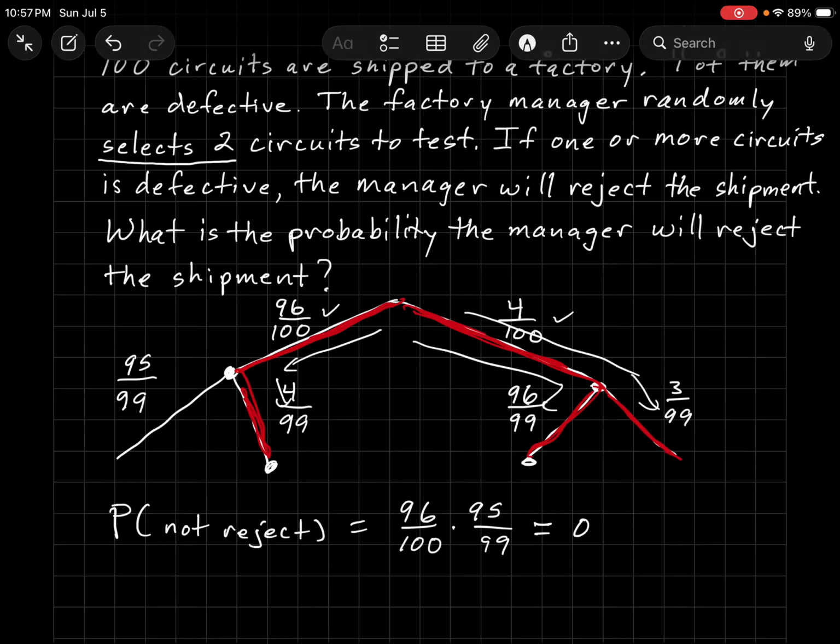And we get the probability of not rejecting is 0.921. So the probability of rejecting is the complement, or 1 minus 0.921, which gives us a value of 0.079. So there is about an 8% chance that the manager will reject the shipment.